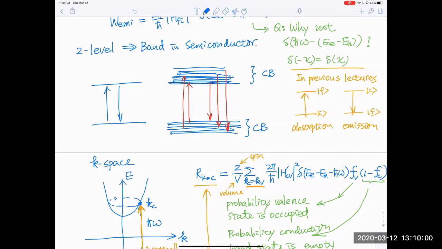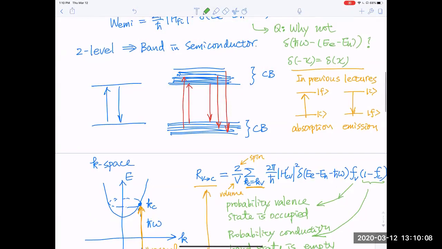Remember, in our perturbation theory, in the previous discussion, we assumed the initial condition that all electrons are in the conduction band.